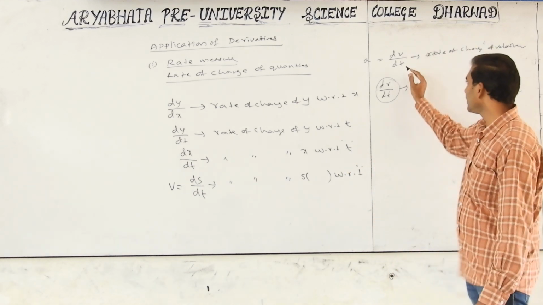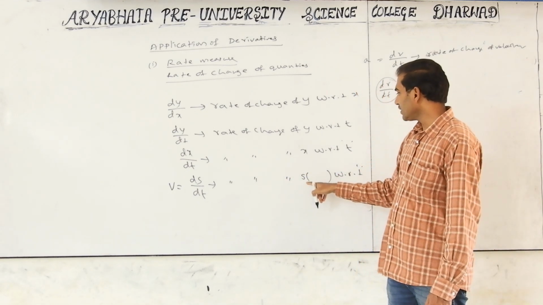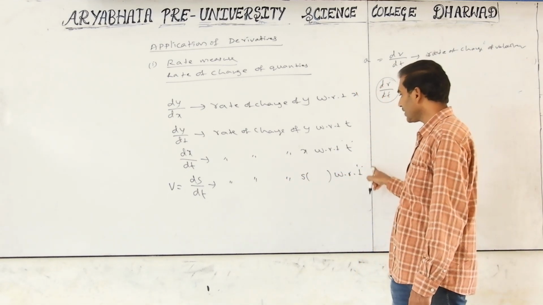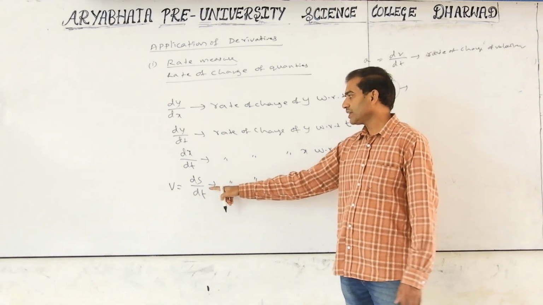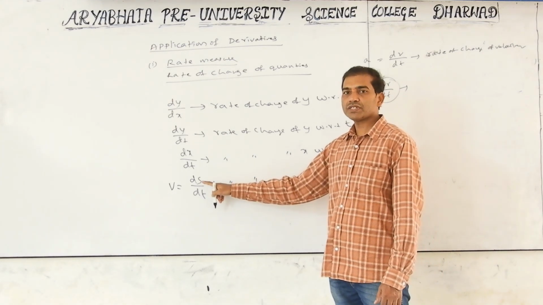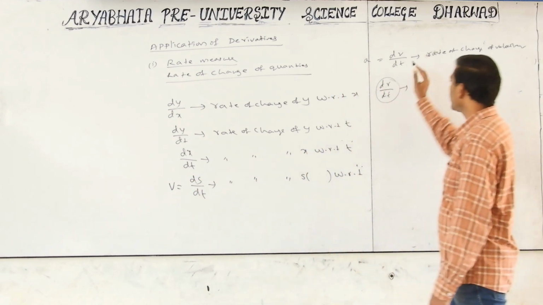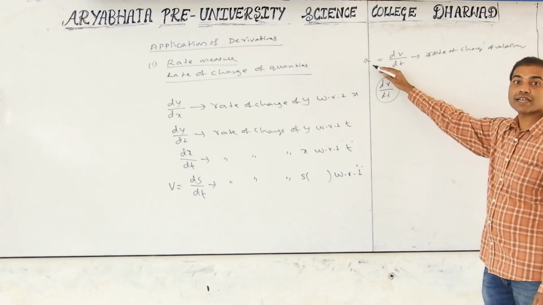Simply we say the rate of change of displacement instead of the rate of change of displacement with respect to time. So the rate of change of displacement is called velocity. Similarly, the rate of change of velocity is called acceleration.